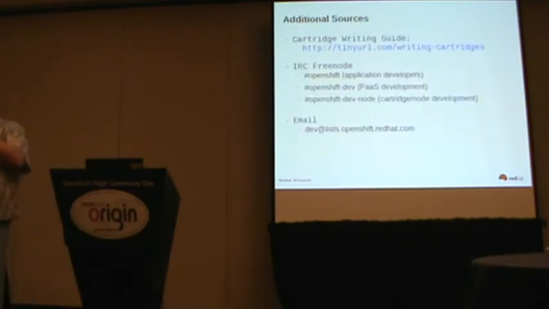Additional resources. I wanted to make sure and point you to that tiny URL, which points to our writer's guide. It is a work in progress. It is a markdown document. If you have any additions that you want to bring, we're more than happy to accept them.